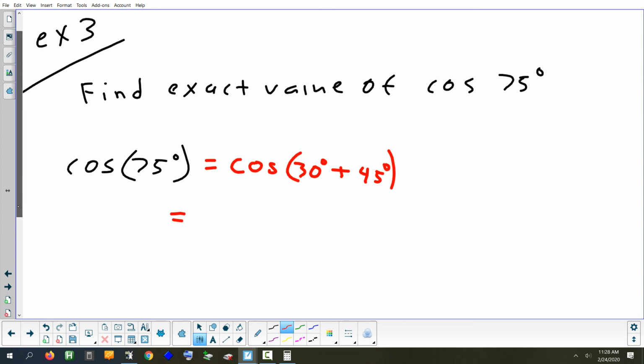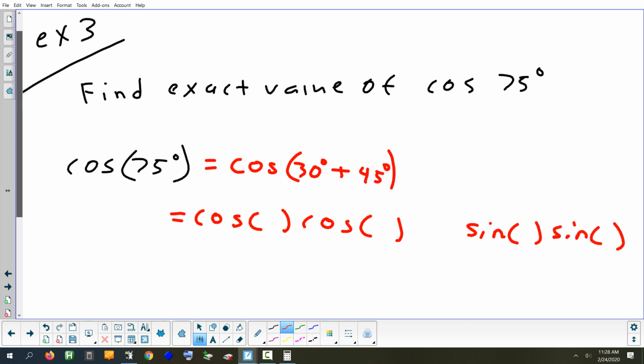Okay. With the cosine formula, are my trig functions grouped or are they mixed? They're grouped. Cosines are grouped on one side, sines are grouped on the other. So, cosine, cosine, sine, sine.